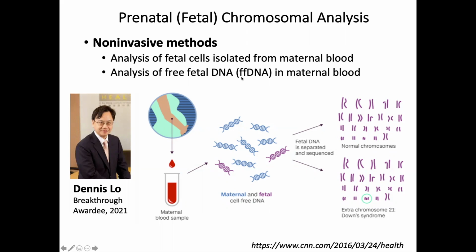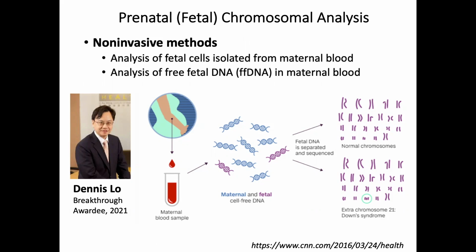Fetal DNA can cross the placenta and enter the mother's bloodstream, okay? And then isolation and analysis of fetal DNA in the maternal blood is a non-invasive alternative to amniocentesis and chorionic villus biopsy. Therefore, it has the lowest risk of causing miscarriage.